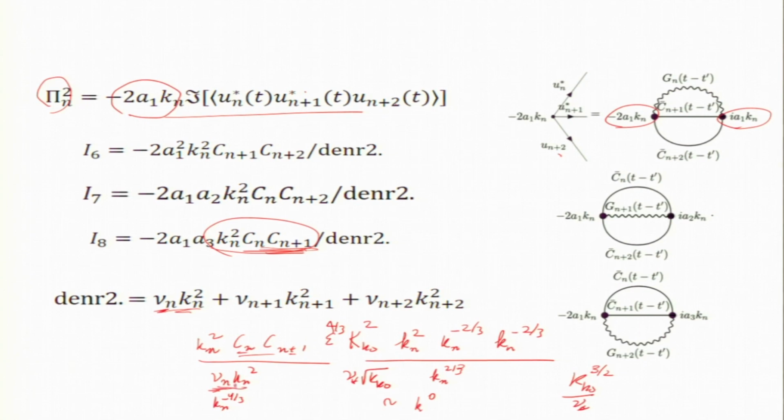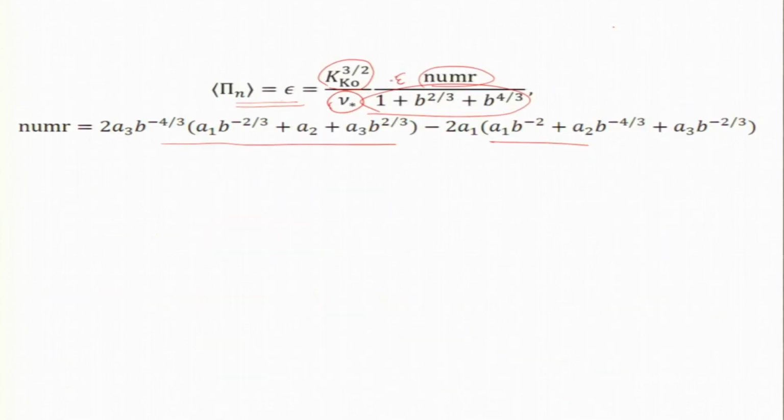And what is the epsilon dependence of nu n? nu n is velocity times length, and velocity has epsilon dependence of epsilon to the 1/3. So, that will give you epsilon to the 1/3 below. This together will give you epsilon. So, this epsilon on the right which I had missed out will cancel with that.